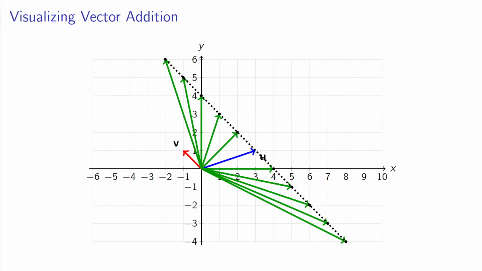It's the line where if we started at the origin and traveled out a distance of u, which would get us to this point right here, and then moved in the direction of v by any scalar amount, positive values getting us up there, negative values getting us down there. So all the points on that line can be gotten by considering vectors of the form u plus k times v.